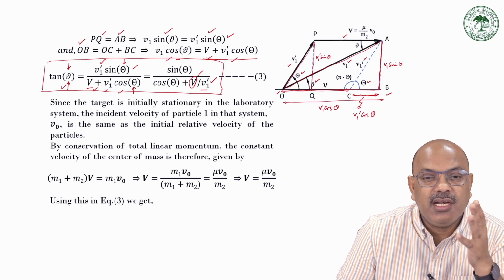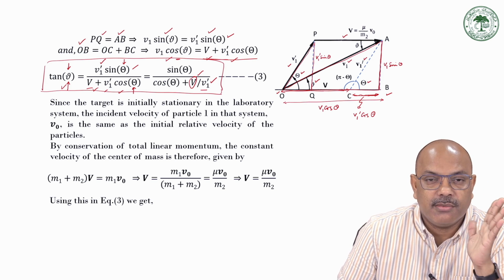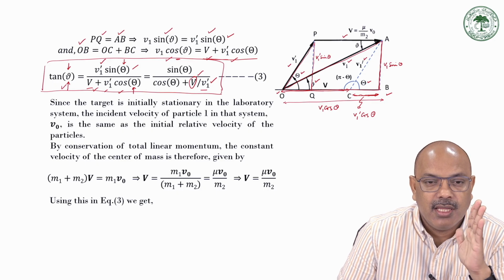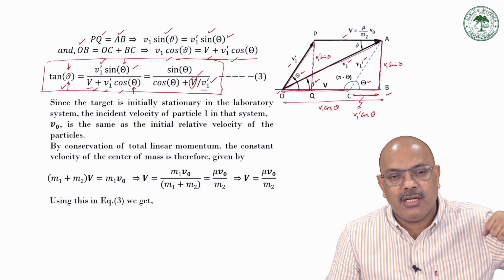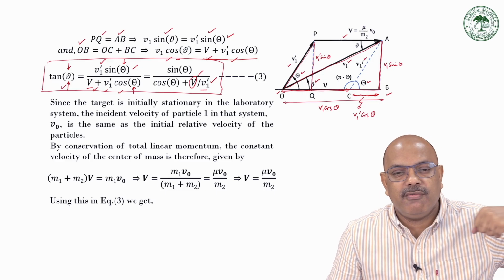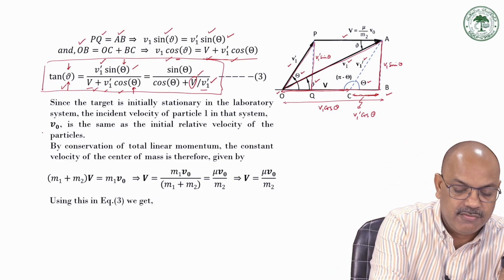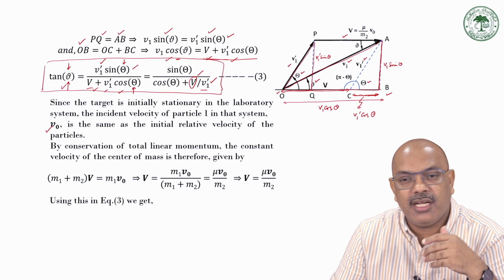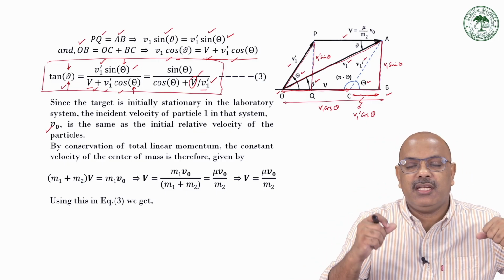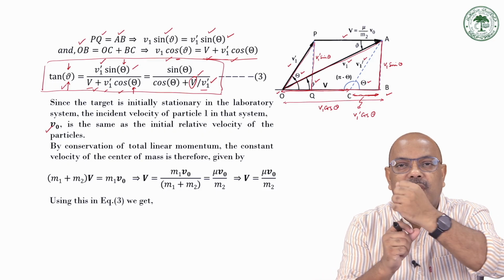Now, since the target is initially stationary in the lab system, this is a lab frame requirement. The incident velocity, particle 1 coming into the system, has a velocity v0. This is going to be the same initial relative velocity of the particle, because the target is stationary, so there is no relative velocity.